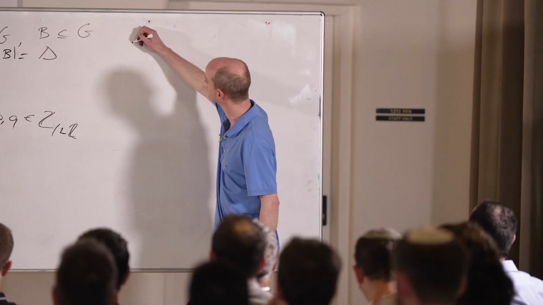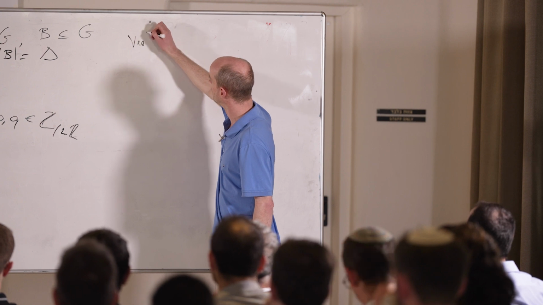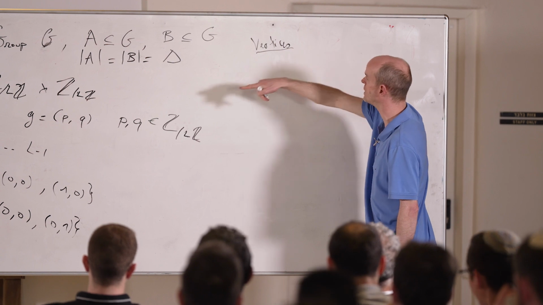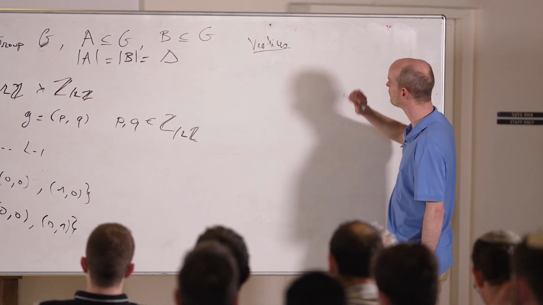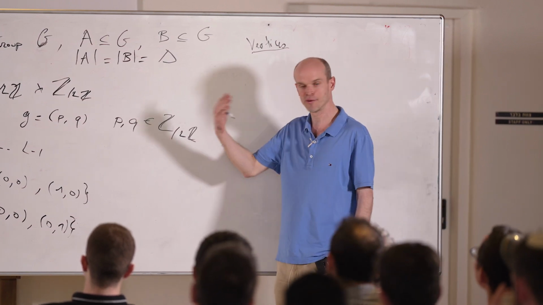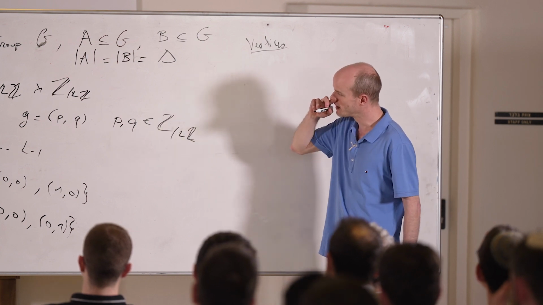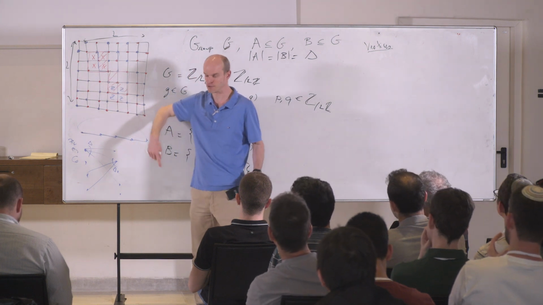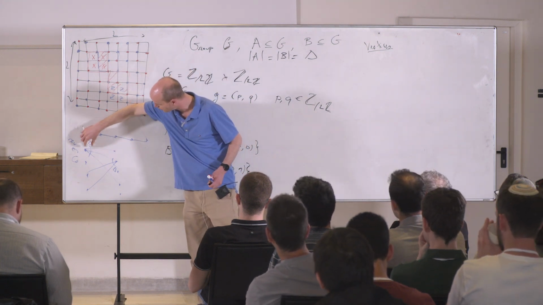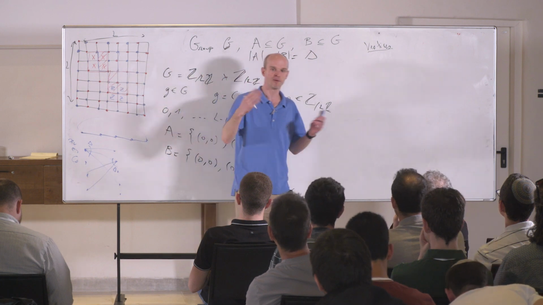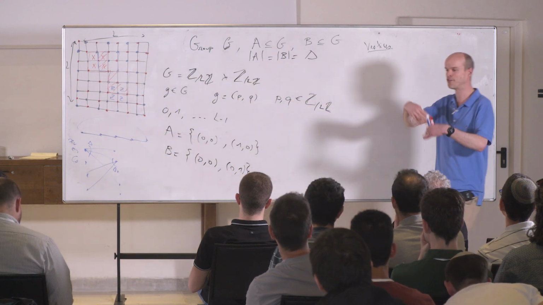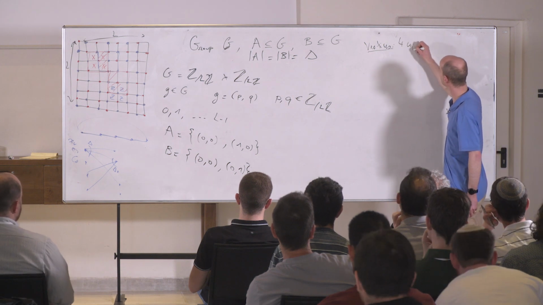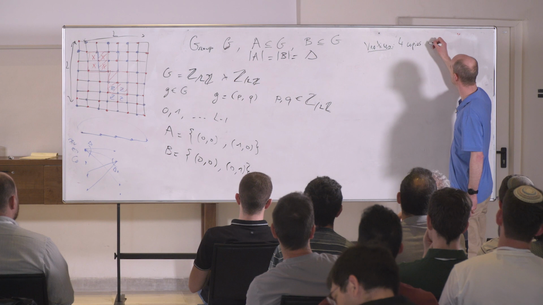The vertices will be 4 copies of G. This is a generalization of the bipartite nature of the graph. The graph is bipartite, so you have 2 copies of the vertices. In the quantum case, usually 2 translates into 4, so I have 4 copies of the elements of G.